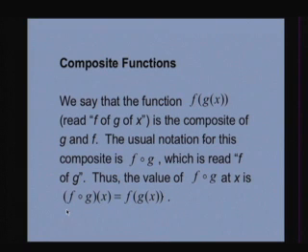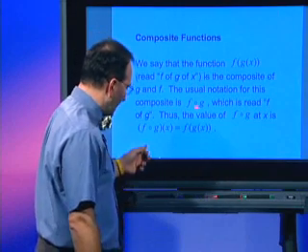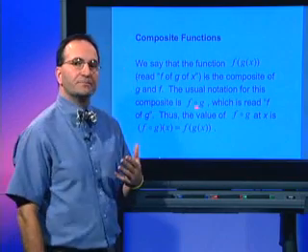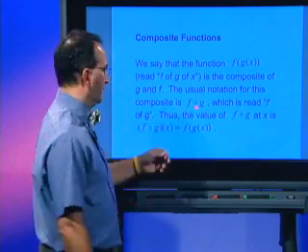The usual notation for the composite function is f with this little open circle right here, f composed with g, which is read f of g. Thus, the value of f of g at x is f of g of x. All right, I think the best way to see this would be to do an example.